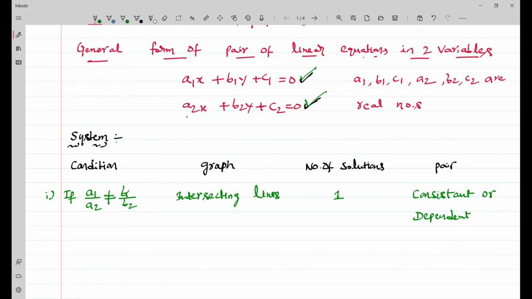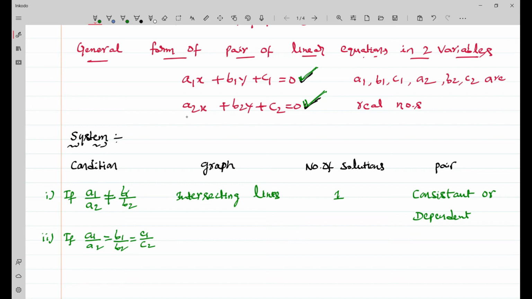Now let's see the second condition. If a1 by a2 is equal to b1 by b2 is equal to c1 by c2. If you draw these two lines in the same graph, then both the lines overlap each other.